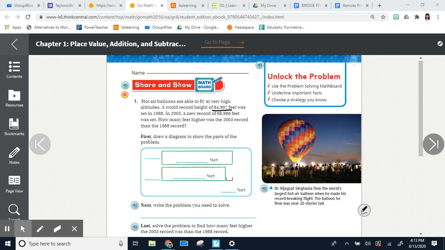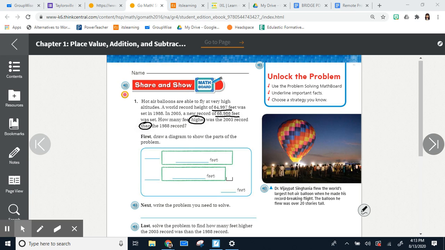In 2005, a new record of 68,986 feet was set. How many feet higher was the 2005 record than the 1988 record?